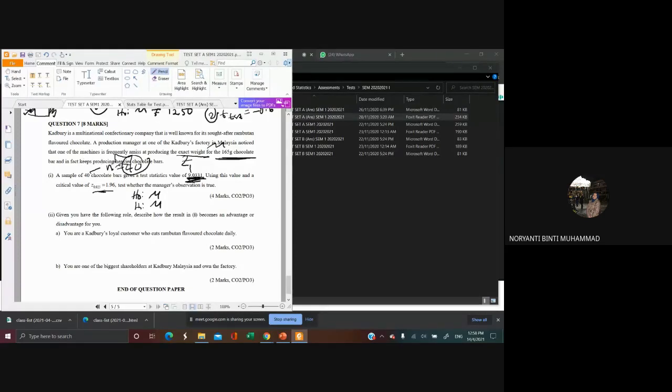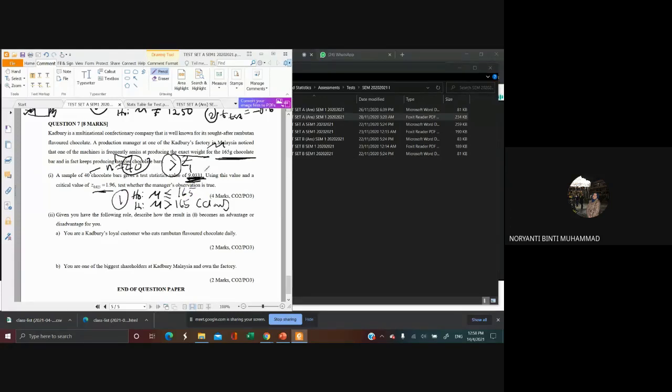In fact, it keeps producing heavier chocolate. So heavier means bigger. When it is bigger and heavier, is it in H0 or H1? H1. Okay, H1. Greater than what? 165 above. Okay, so this is the claim. So H0 here will be less than or equal to. Okay, so this is step number 1.